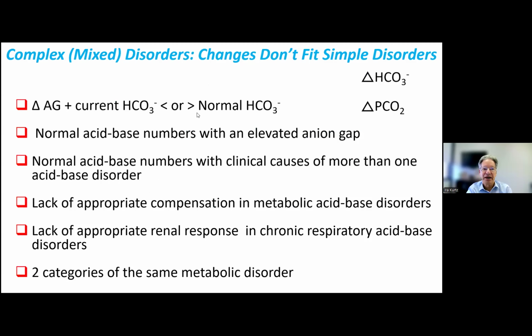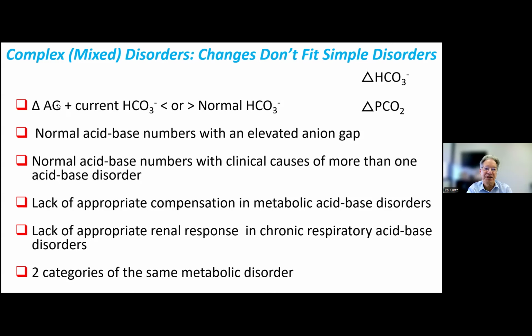So how do we diagnose mixed disorders? There are several clues and categories that allow you to do this. The first: you take the change in the anion gap and add it to the current bicarbonate. If that ends up being less than or greater than 23 or 24, you have a mixed disorder.